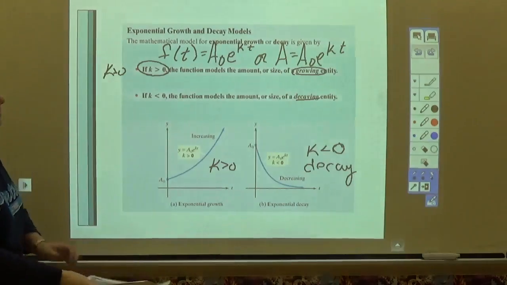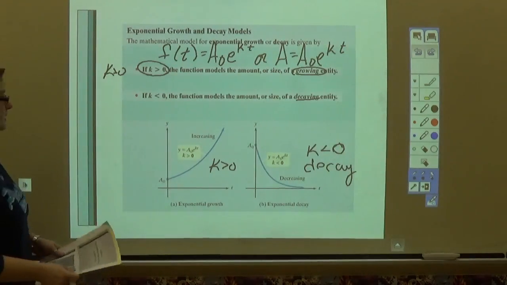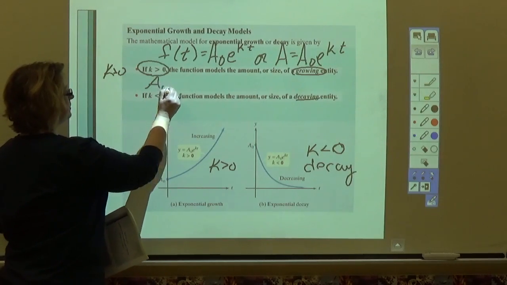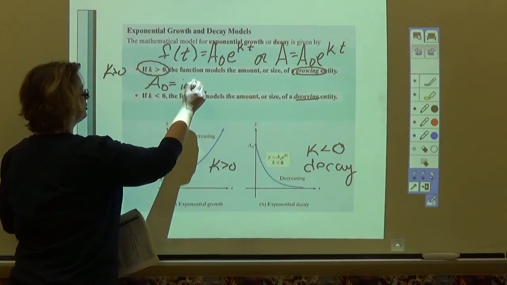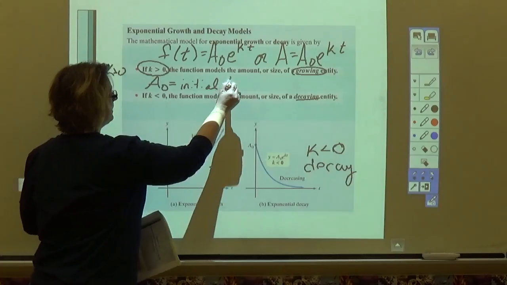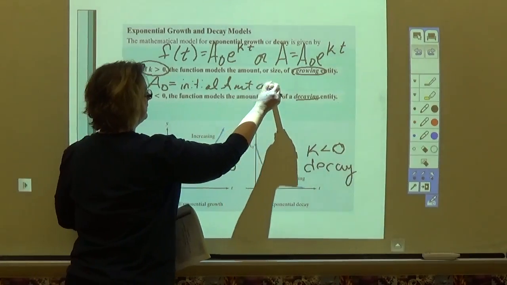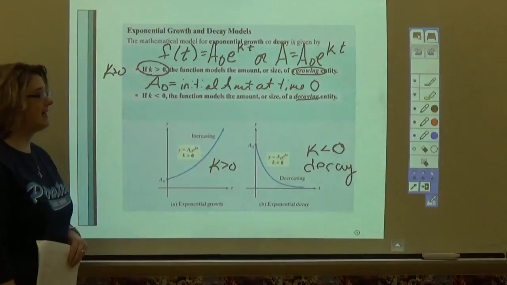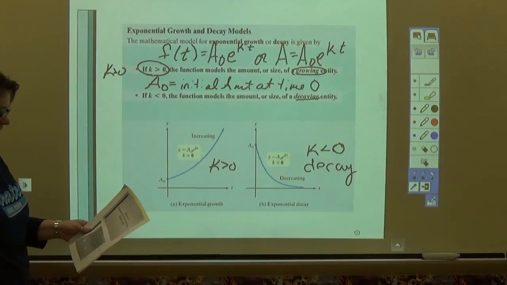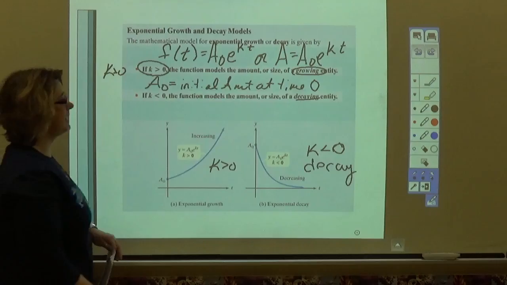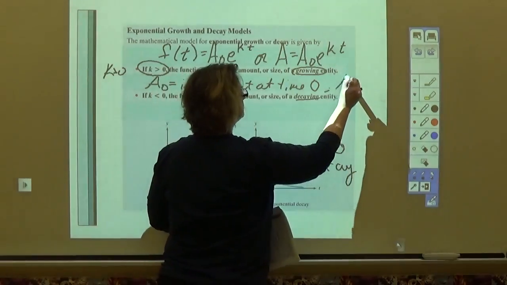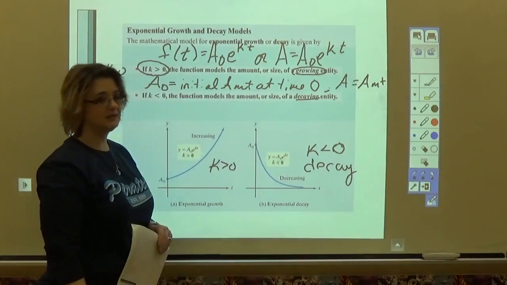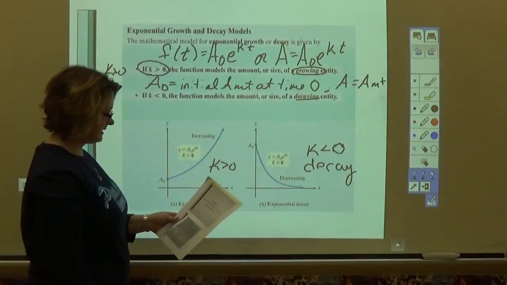All right. But what do each of the letters mean? I'll put that in these blanks up here. So your a sub 0 is always your initial amount at time 0. And then A is your amount, AMT for amount, and T is time.